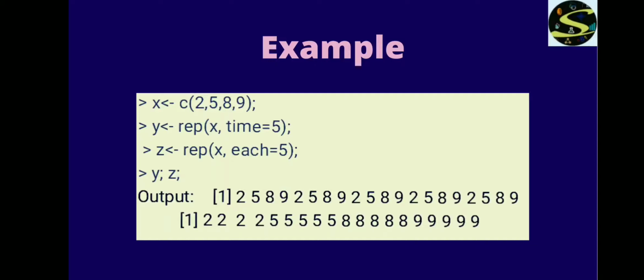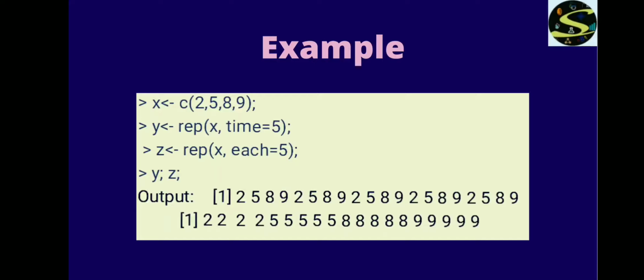When I used that, in the y outcome, if you observe, the x vector is repeated 5 times. All elements together, it is repeated 5 times. In the second example, z is the vector which is given the argument each equal to 5. There, the outcome is each element of x is repeated 5 times. This is how to use the rep function in R.